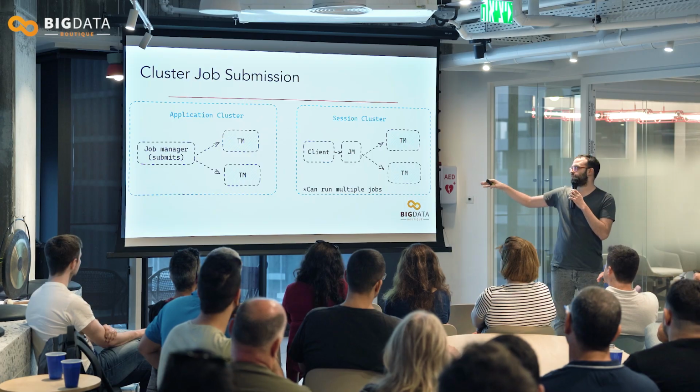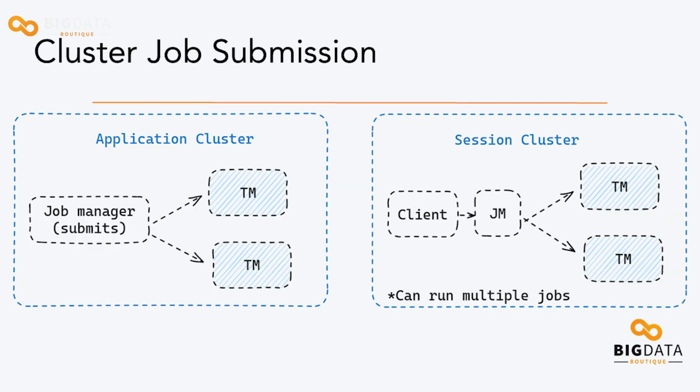The second one is something we call the session cluster, where we have a job manager and a separate client is in charge of submitting the job, either through the UI or the REST API or whatever you have. In this case, the session cluster can, of course, run a single job, where resource distribution is a bit easier.